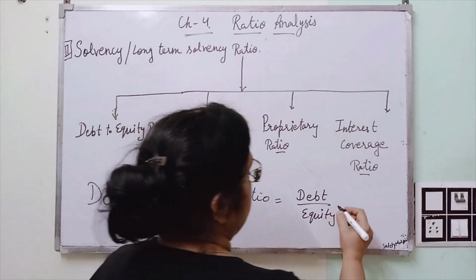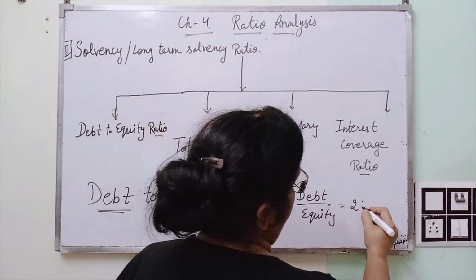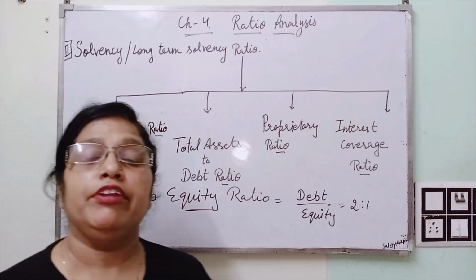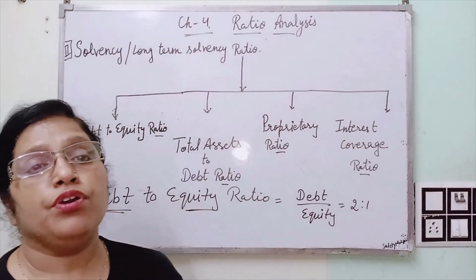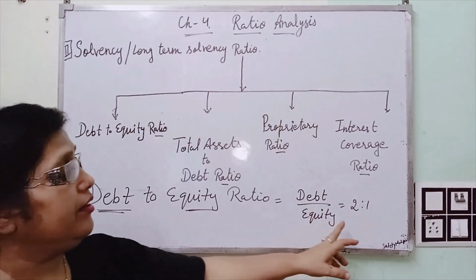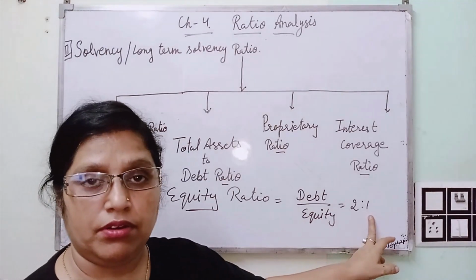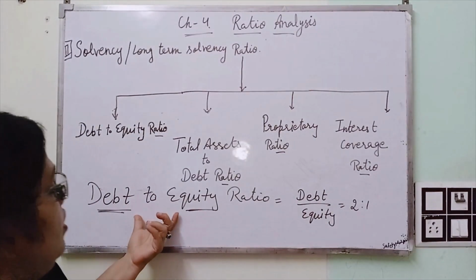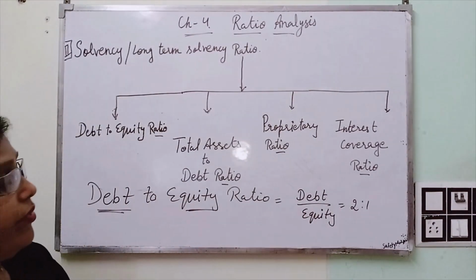Ideal ratio is 2:1. I think you remember that in case of liquidity ratio, the current ratio also has the ideal ratio of 2:1. Now we will do this portion in detail.